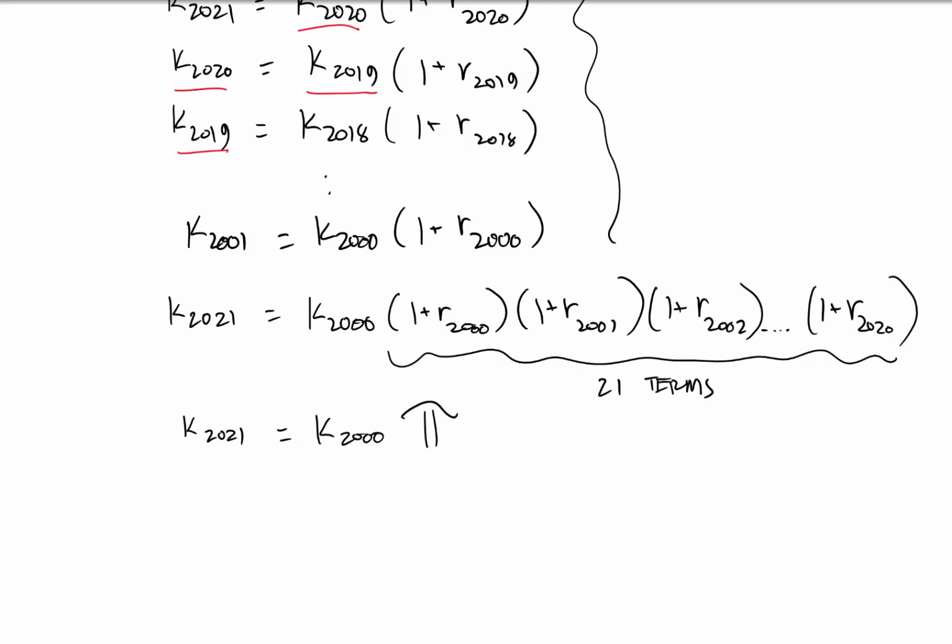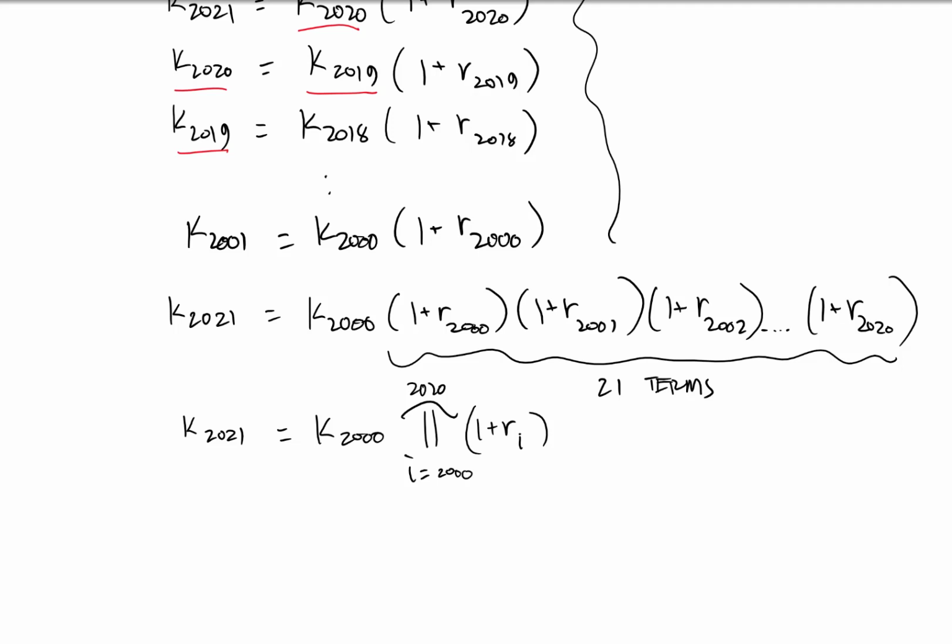You know this notation, that's capital Pi for the product, of 1 plus R sub I, where I equals 2000 up to 2020. So we can describe this as a product. This is called a multiplicative model.